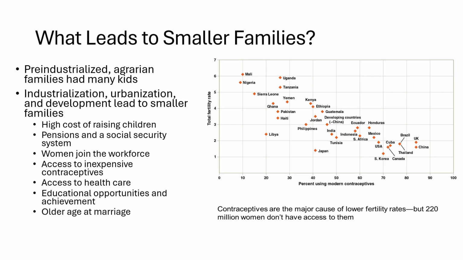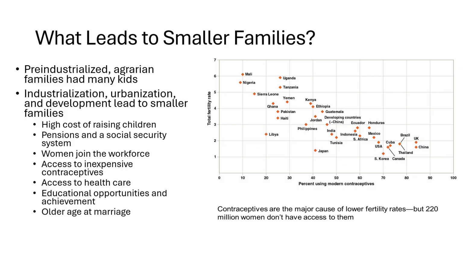So one thing that we need to realize is that before the Industrial Revolution, the countries that are developed today resemble very much the countries that are still developing today. Pre-industrialized agrarian families had many, many kids.